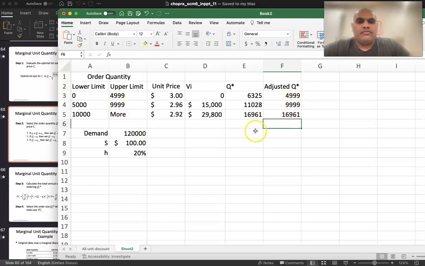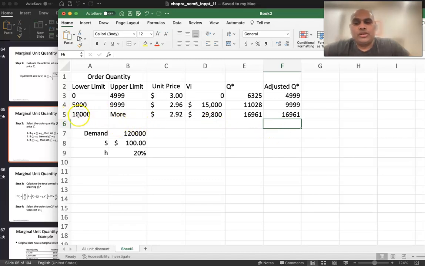Next, 11,028 is more than the upper limit, so we adjust it to the upper limit. And finally, 16,961 lies within the range, so we keep it as it is. If there was another range that went from 10,000 to say 20,000, then again we'd keep the number. But if it's more than the upper limit in the range, we'll take the upper limit.